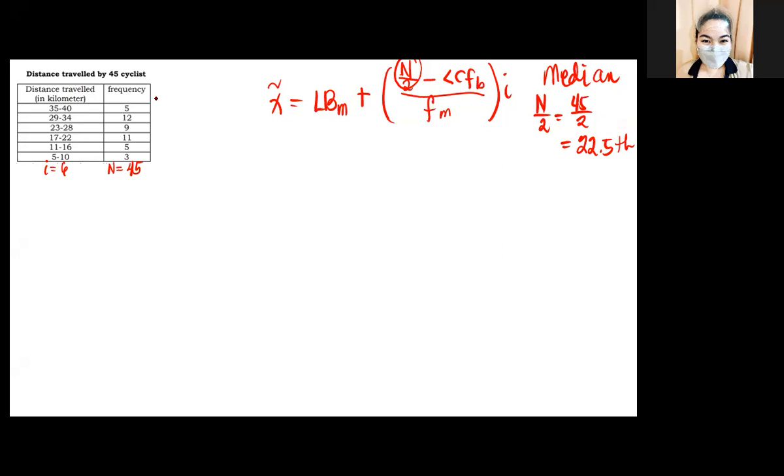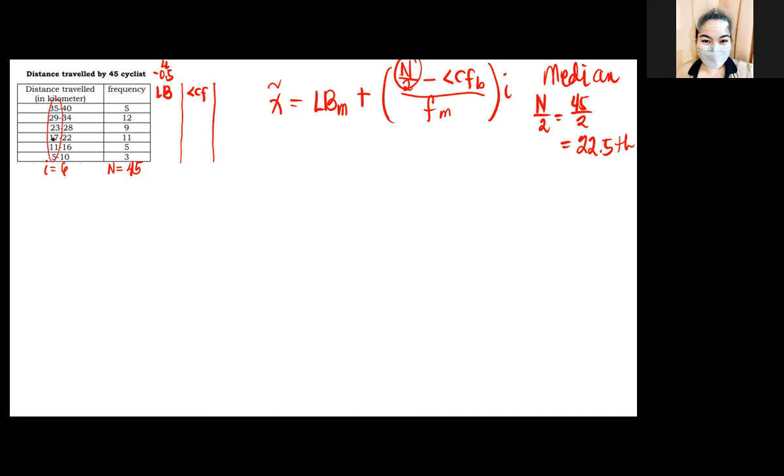Ang ginagawa natin is kinukuha natin muna yung lower boundary at yung cumulative frequency less than. So paano natin kinukuha si lower boundary? Si lower boundary po nakukuha siya by subtracting 0.5 dun sa ating lower limit, lower class limit. Okay? So alin dyan ang lower class limit natin ito?